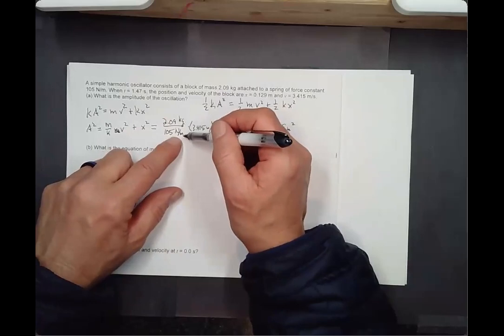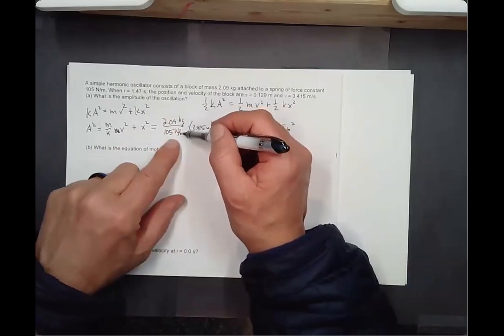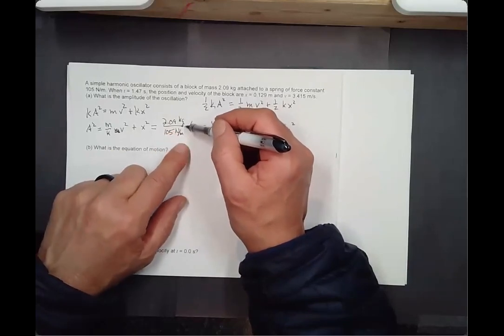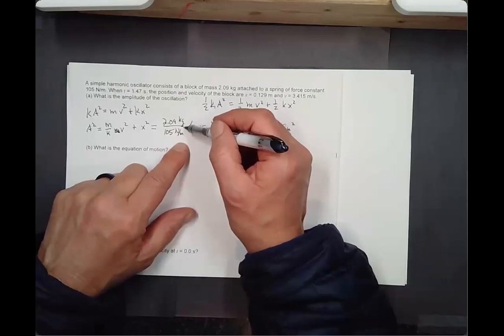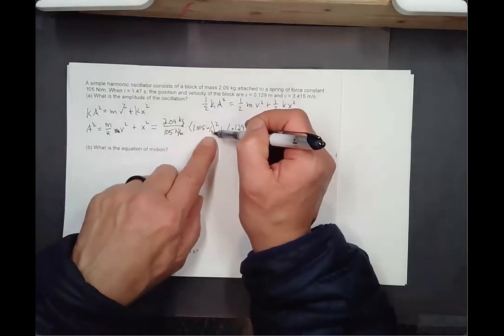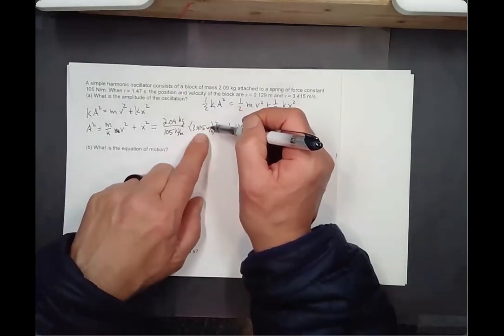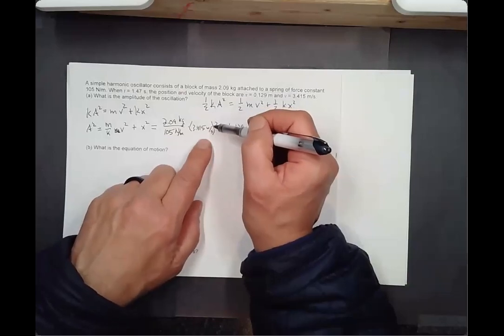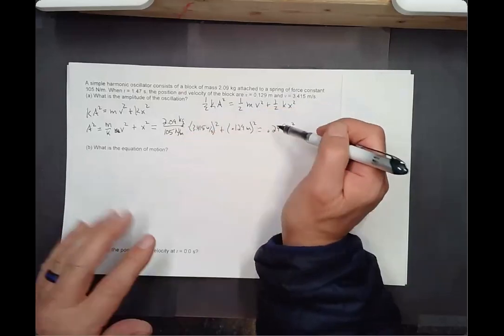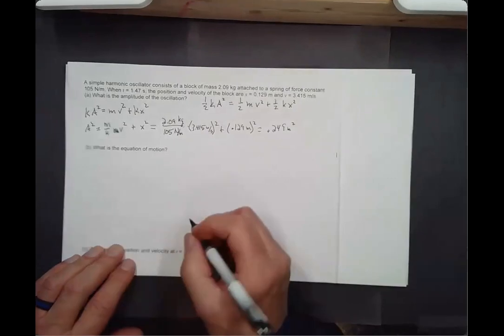A Newton per meter is the same as a kilogram per second squared. So this divided by that ends up giving me seconds squared. And if I multiply seconds squared times meters squared per second squared, I'll get just plain meters squared. So I'll have meters squared plus meters squared. Yes, I do have meters squared there.